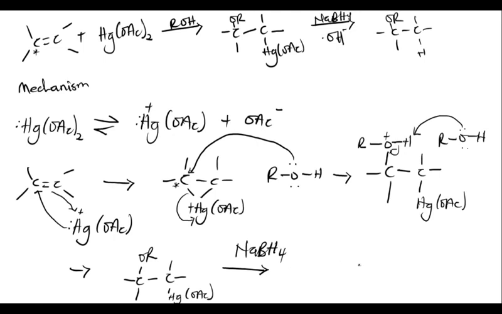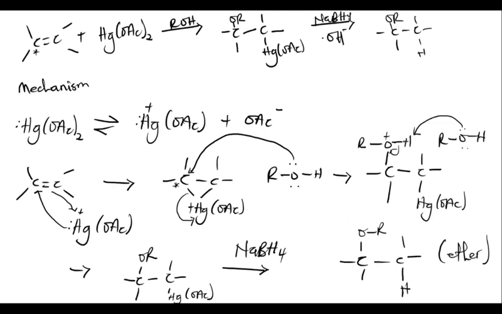The ether. So we have our carbon with the OR group or the alkoxy group, then we have the acetoxymercuric group replaced with hydrogen, and this is our product that we are calling the ether because of the alkoxy group over here.